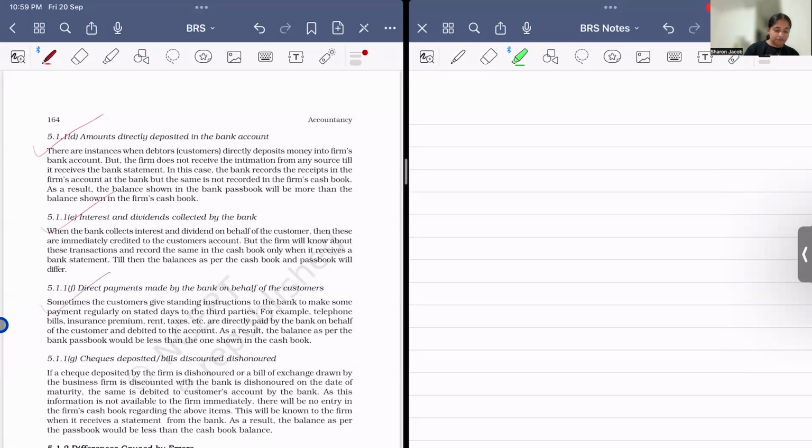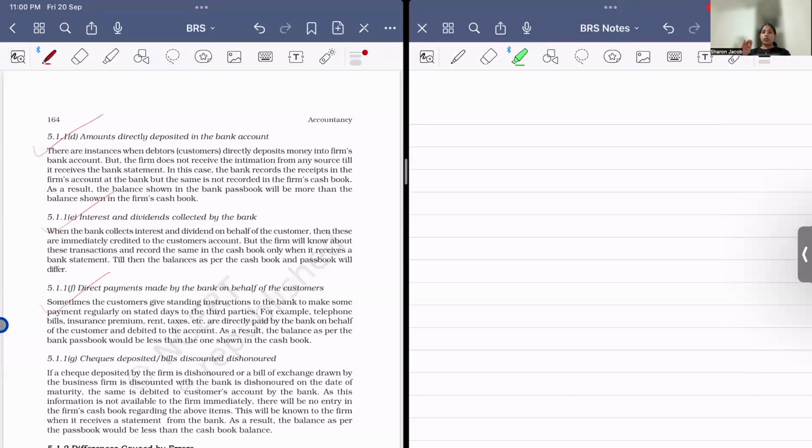And finally, checks deposited or bills discounted, dishonored. If a check deposited by the firm is dishonored, the same is debited to customer's account by the bank.